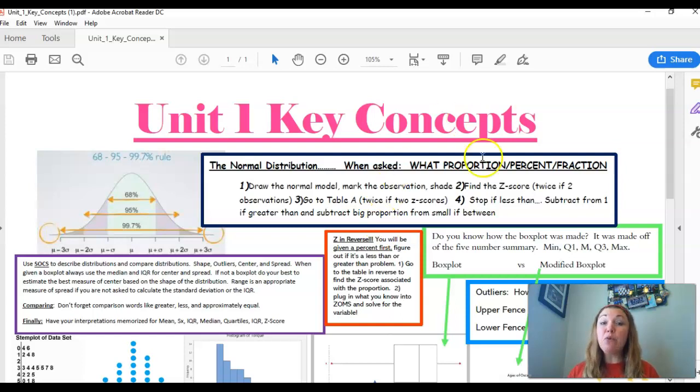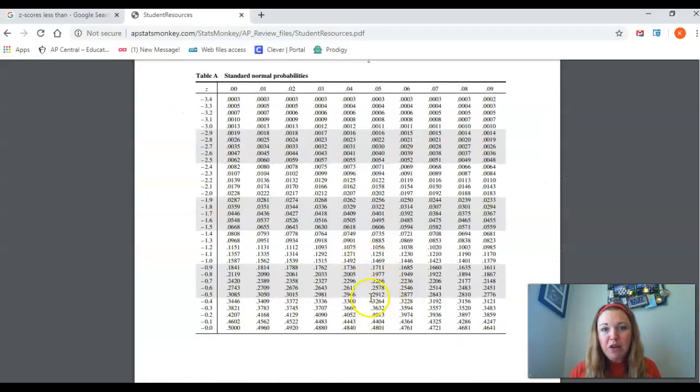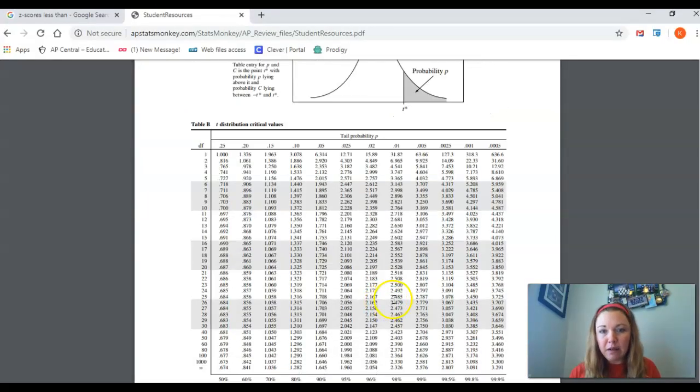Now, sometimes you will have a problem like this in what I assigned today, where you have to find a z-score and find the proportion. You will also have a z in reverse, okay? So that would be like what score would you need to be in the 90th percentile? So in that case, you have to go back to your table. You have to find 0.90.